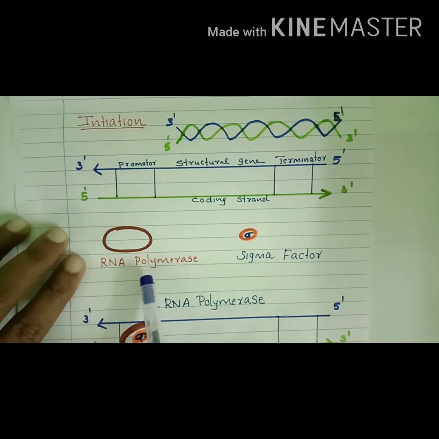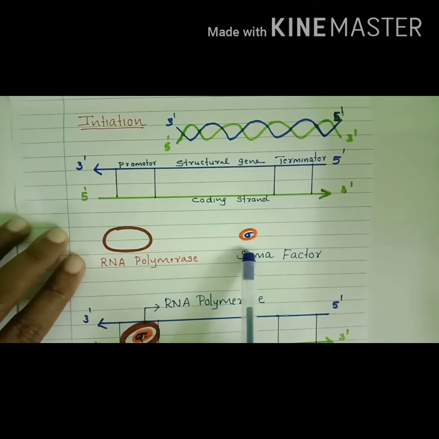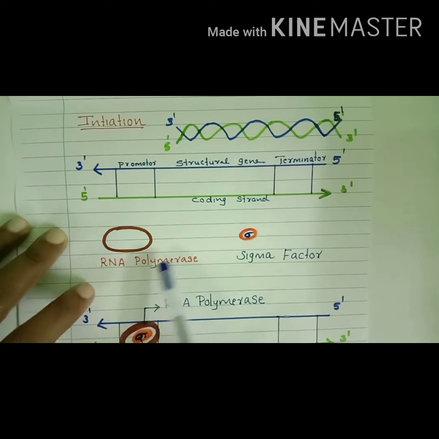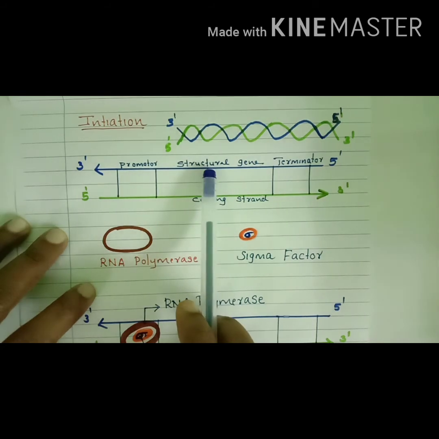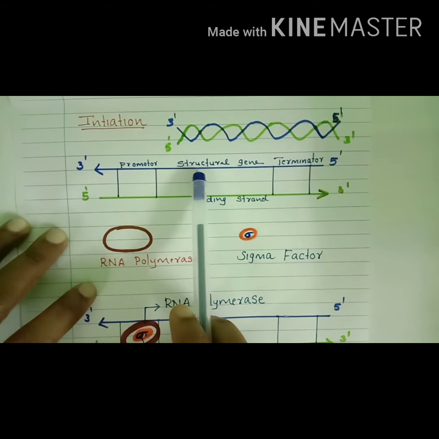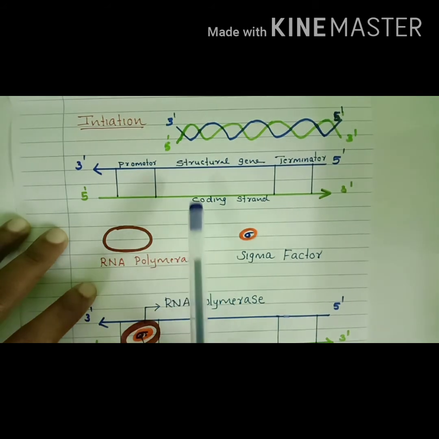Here you can see the RNA polymerase enzyme and this is the sigma factor. The RNA polymerase enzyme is otherwise called a DNA dependent RNA polymerase. Why? Because the enzyme is polymerizing depending on the DNA strand, isn't it? Based on the DNA template strand, RNA polymerase is active.